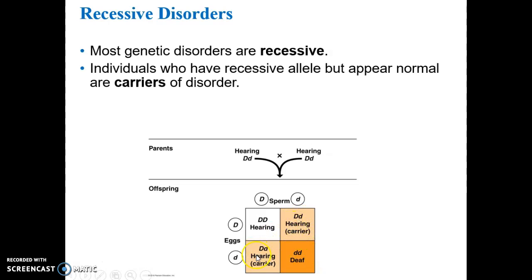If they are heterozygote, right, dominant and recessive allele, or homozygous dominant, they are normal in the sense that they can hear normally. However, if you are a heterozygote, you're considered a carrier because you're carrying genetically the recessive allele.